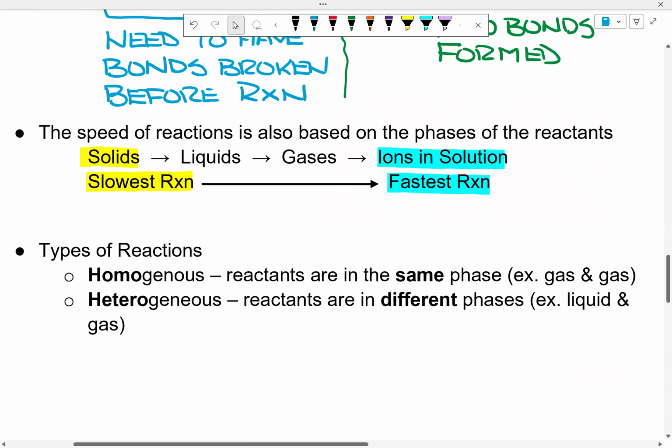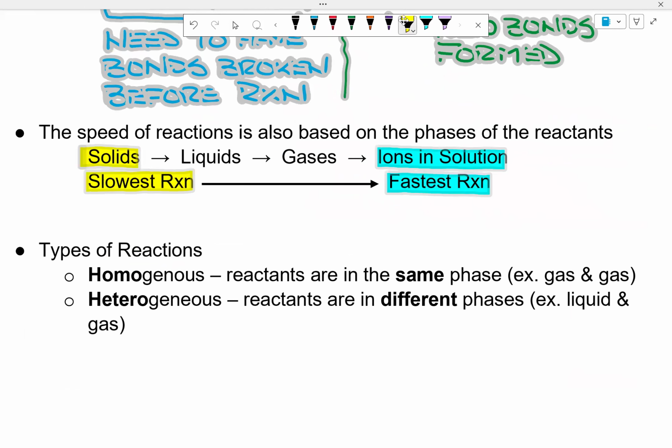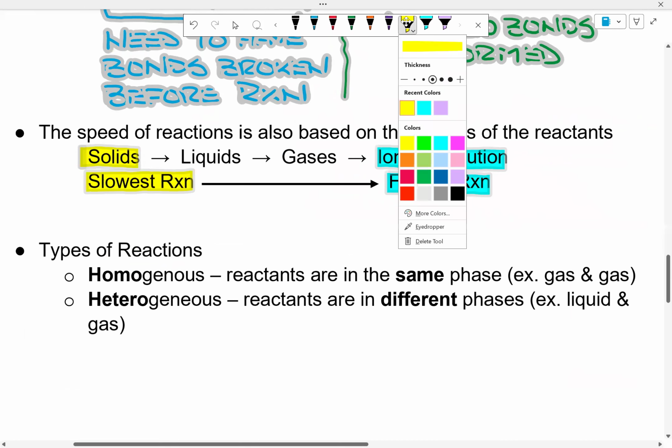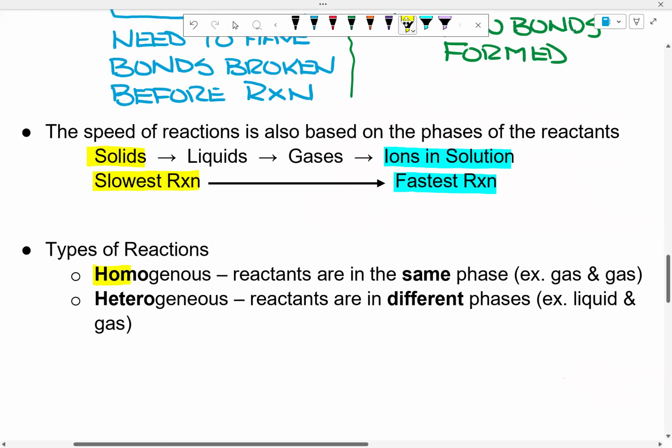Another term that you should be familiar with that we'll be using is homogeneous versus heterogeneous. Homogeneous means that the reactants are in the same phase. Heterogeneous is when the reactants are in different phases.